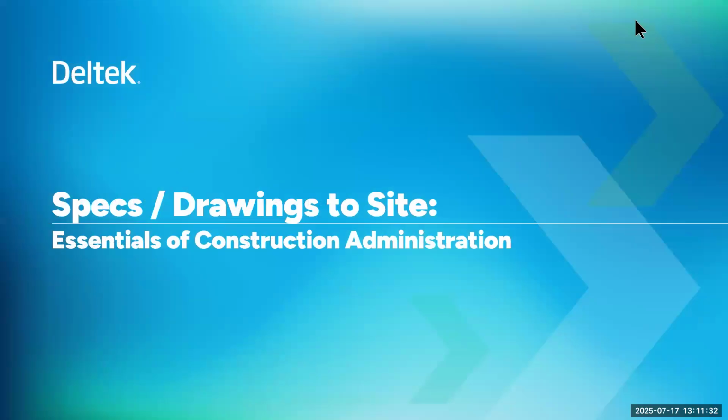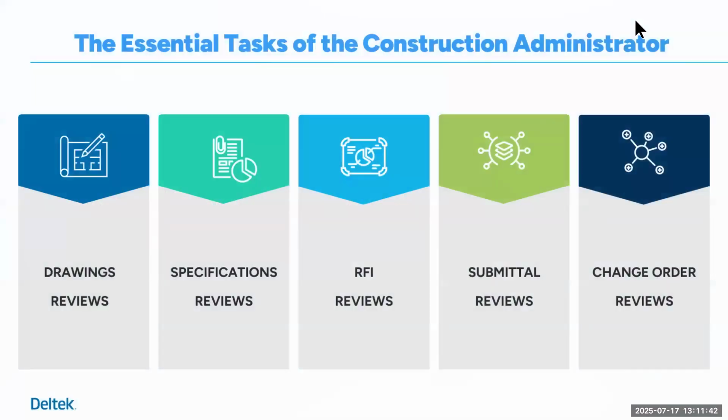So, what are some of the essential tasks of a construction administrator? Well, that's important because it all affects the project outcome. But before construction begins, the construction administrator performs critical tasks.